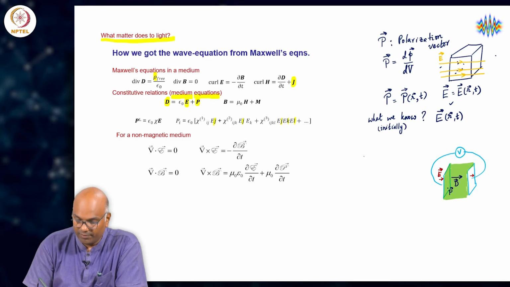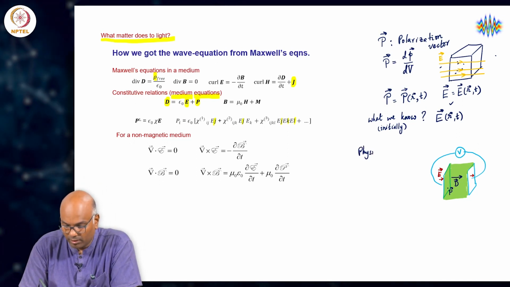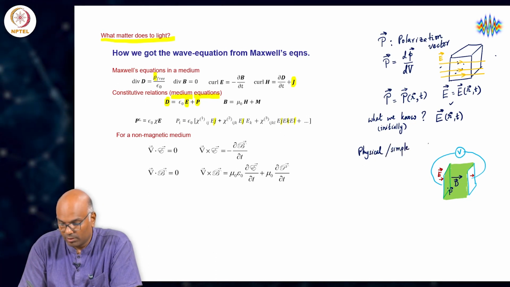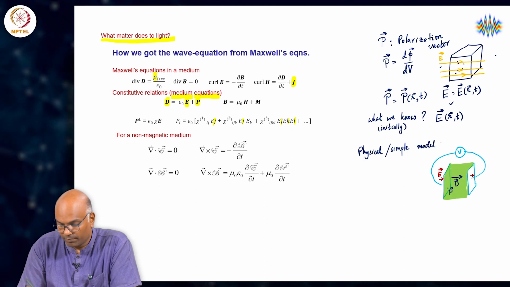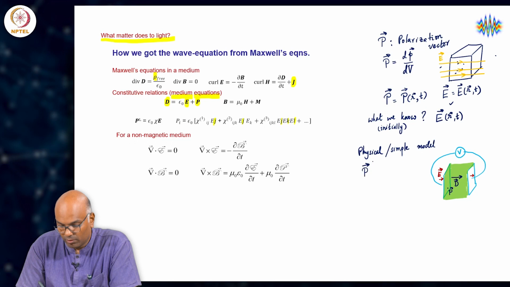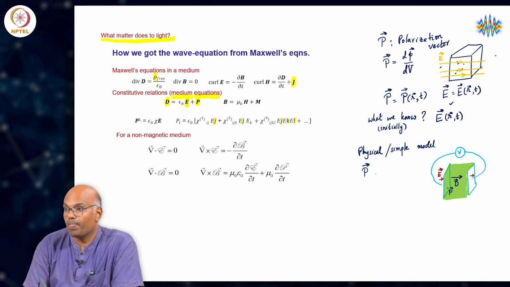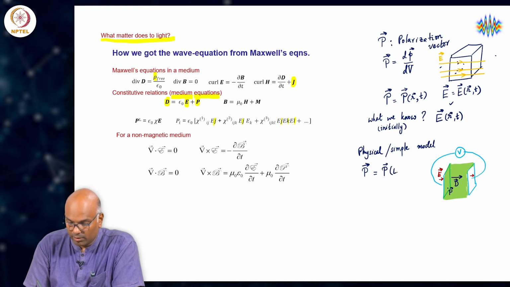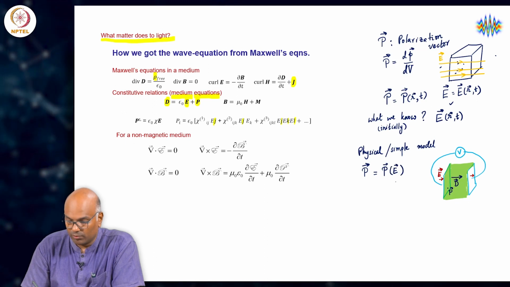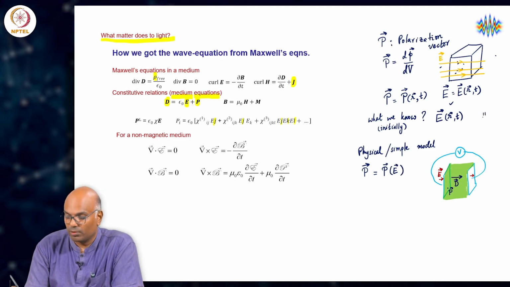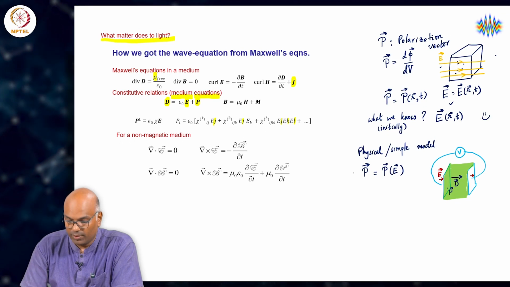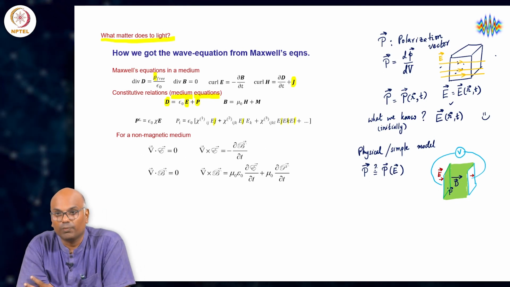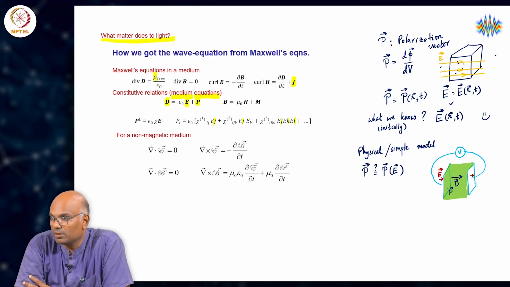We have to have a physical and hopefully simple model for P, the yet unknown, to be written in terms of the only thing we know, which is E. So, E is what we know, P is what we do not yet know. When we encounter a scenario like this, what can we do?